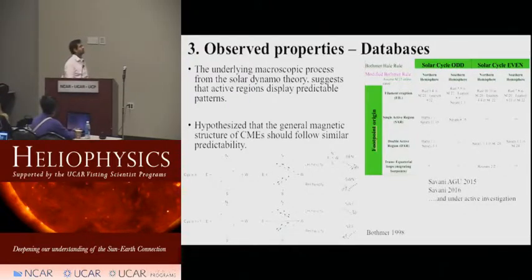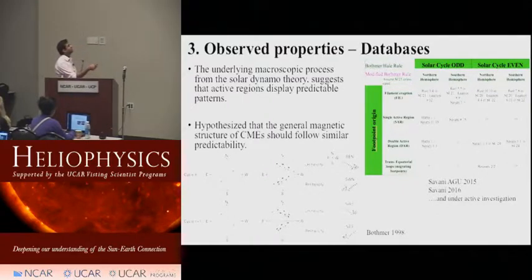If you've got the solar dynamo doing changes on a much more macroscopic scale, then depending on which solar cycle you're in, you're going to have active regions which should be consistent throughout the solar cycle. And this is predominantly true.